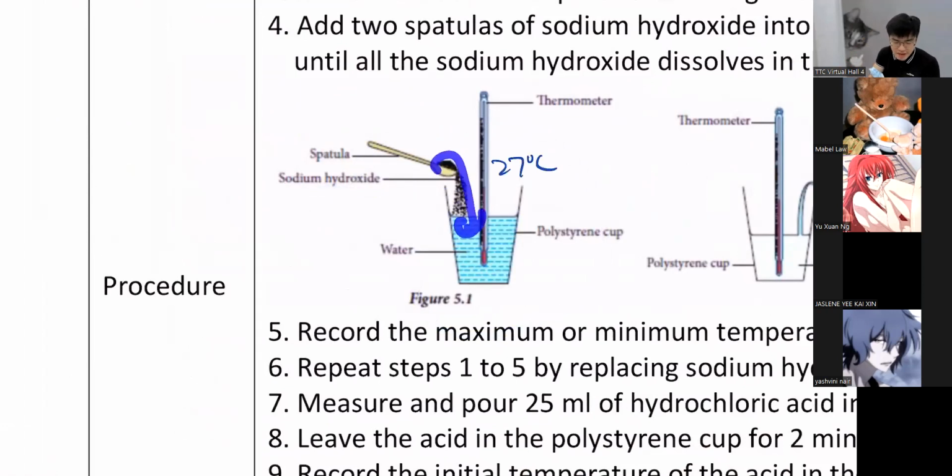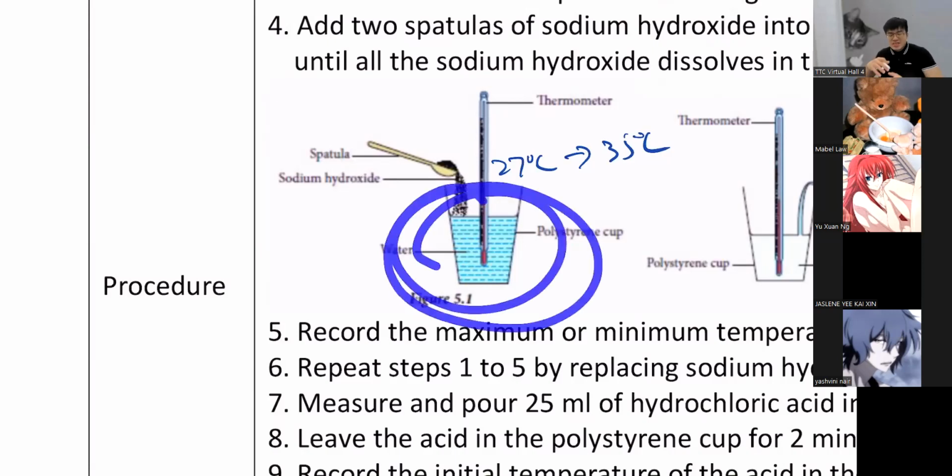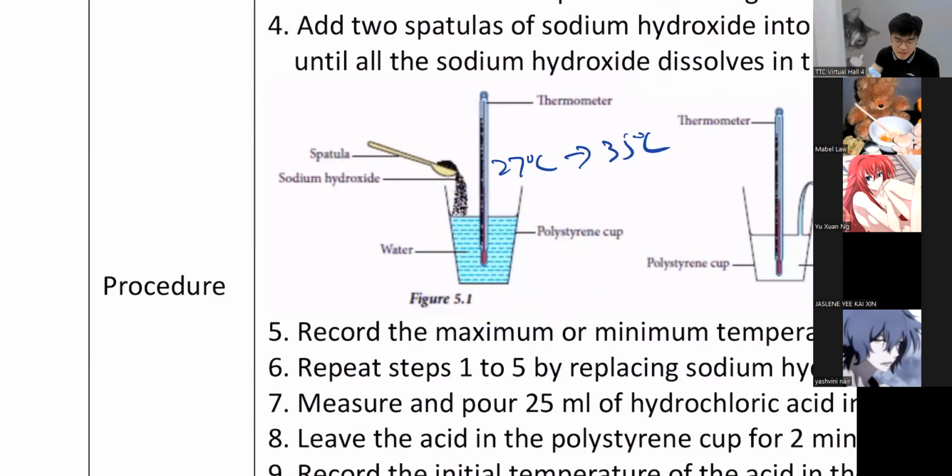Now after adding sodium hydroxide, you stir, and this will go up to 35. From 27 to 35. What does it mean? That means the surrounding becomes hotter, right? So this is an exothermic reaction. There, end of story. End of experiment.